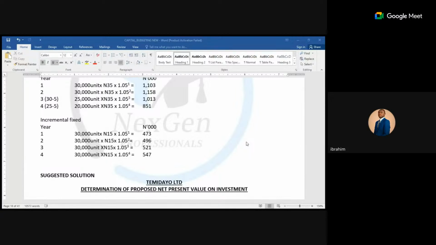This incremental fixed cost, they purposely use that word incremental so that you will feel that, oh, incremental, definitely your fixed cost will vary according to the units. And that is the most common error. You now say, oh, because it is incremental. Whereas the question has stated that in the first year, they should have 15 naira per unit.